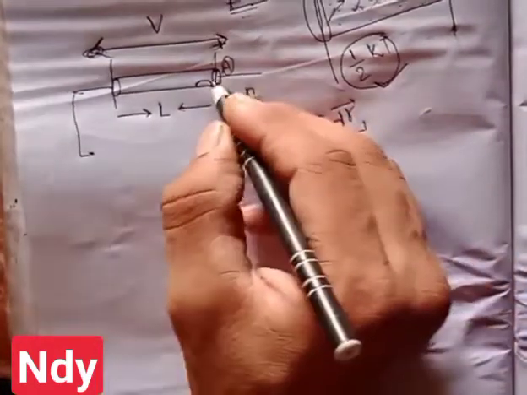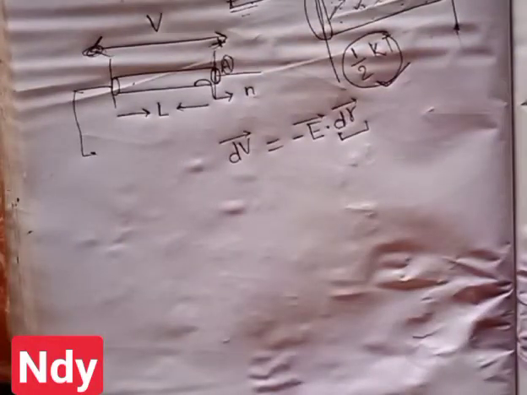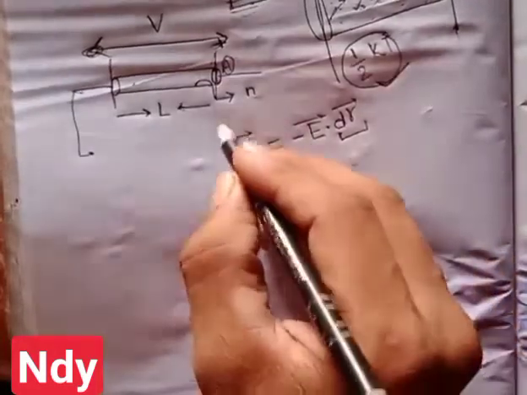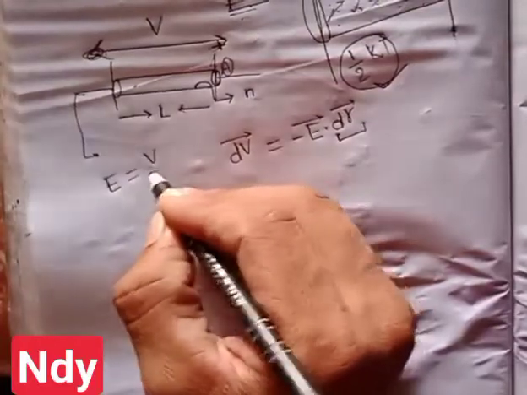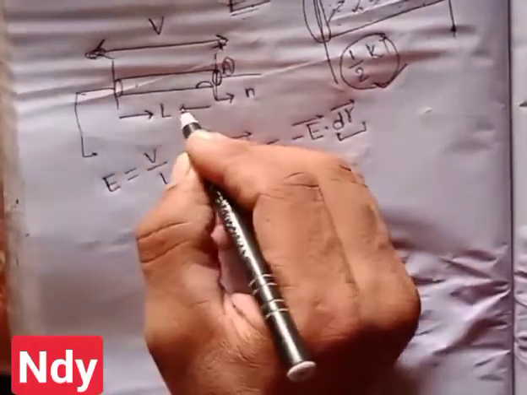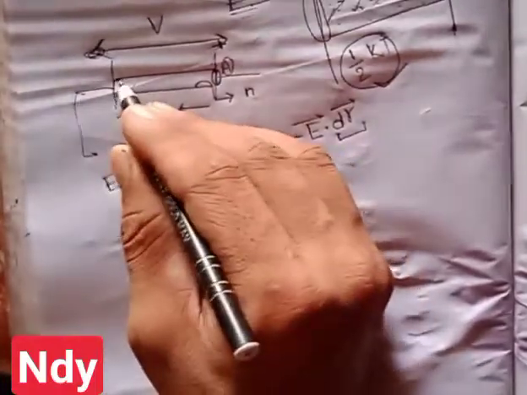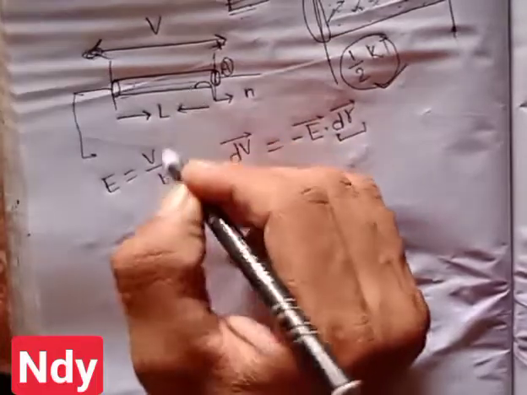So there arises an electric field due to this potential difference, and this electric field will be V divided by L, because this is the length, this much distance. So inside this conductor there is an electric field.